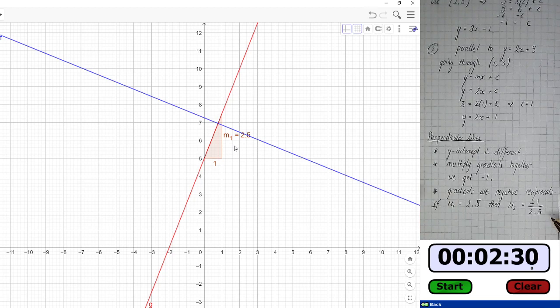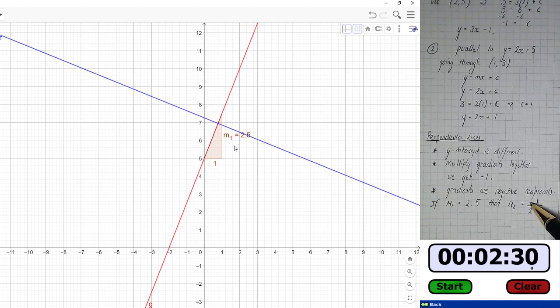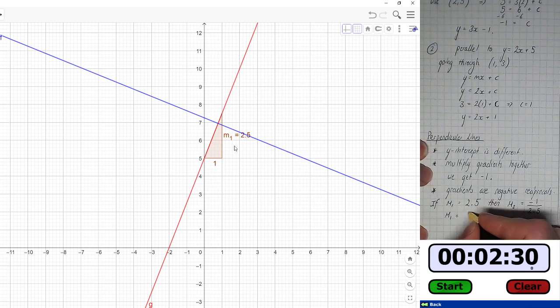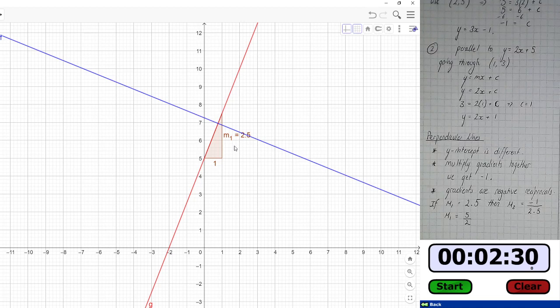Now, taking the negative reciprocal of 2.5 like this is not particularly clean. It might be cleaner for us to have that written as a fraction instead, because fractions are really easy to take reciprocals of. When we reciprocate a fraction, we just flip it upside down, and because these are negative reciprocals, we can just flip it upside down and then stick a negative sign in front of it.